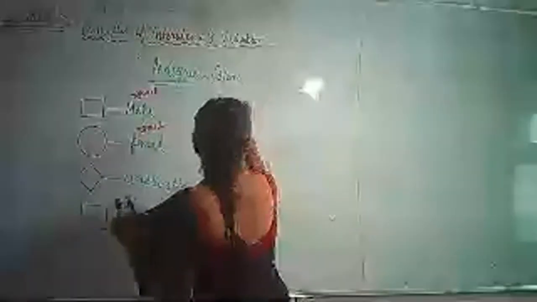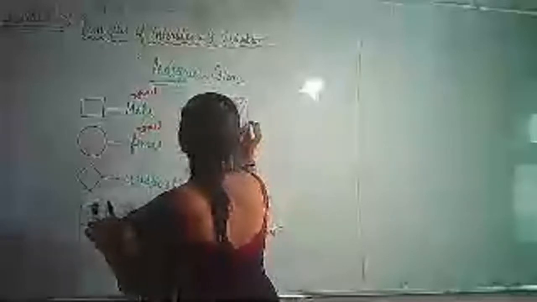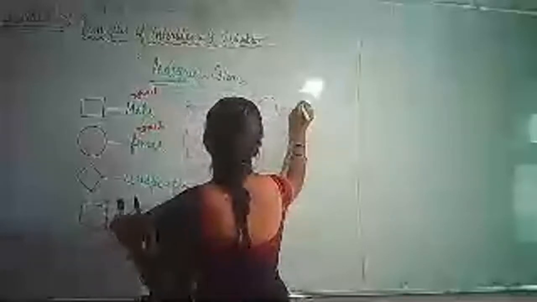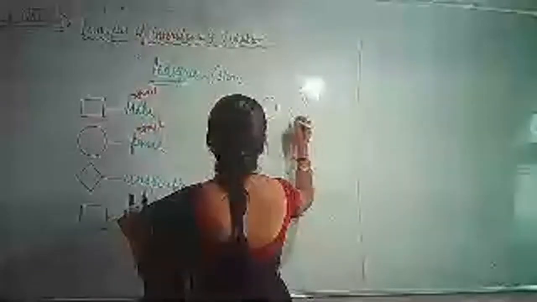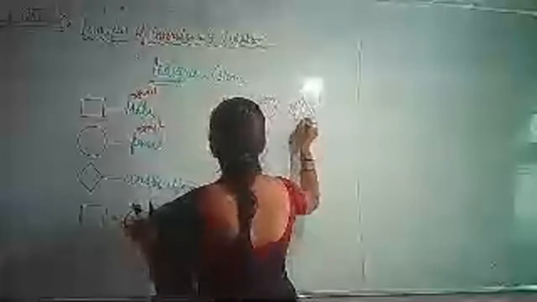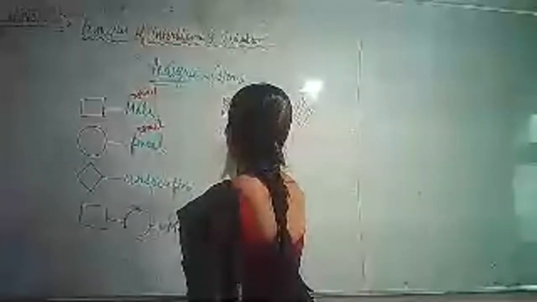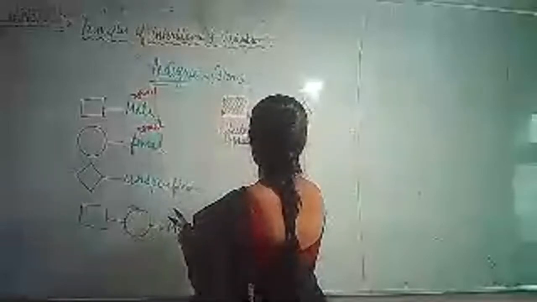Okay, then for example, these are a normal male, a normal female, and this is unspecified sex. These symbols show that they are affected: affected male, then affected female.